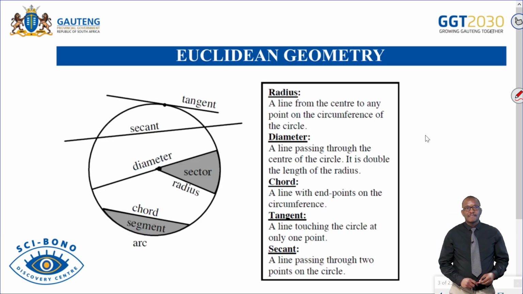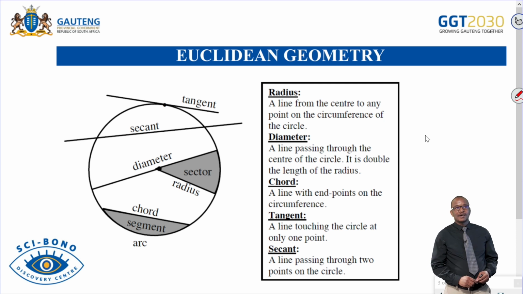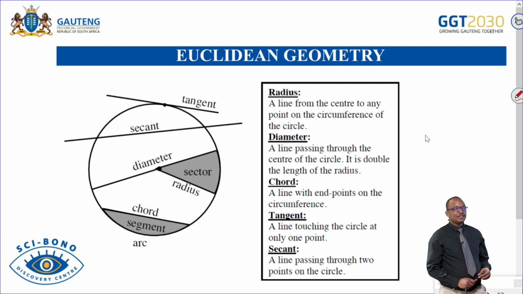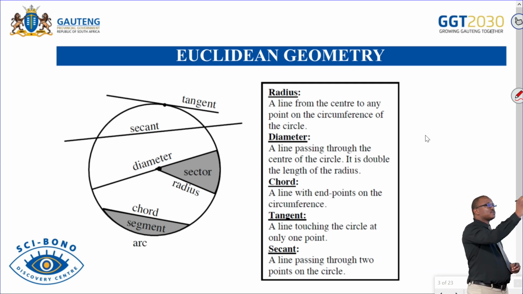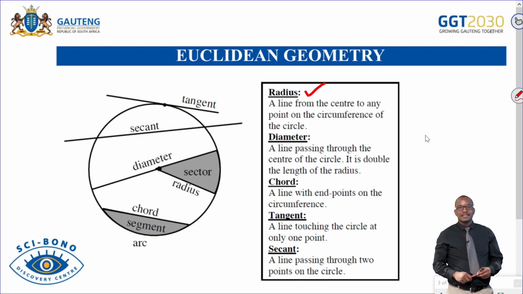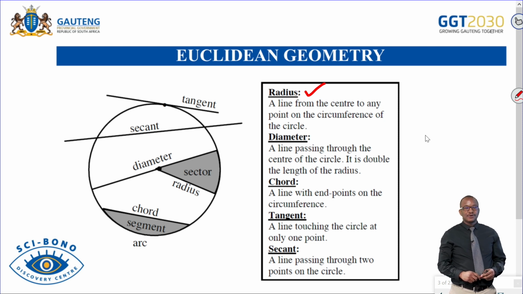Okay, let's look at our parts of a circle. So we know that in a circle we have to look for the radius, and the radius is a line from the center to any point on the circumference of a circle.